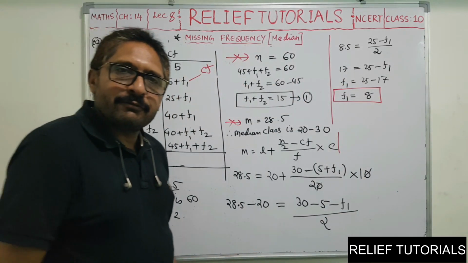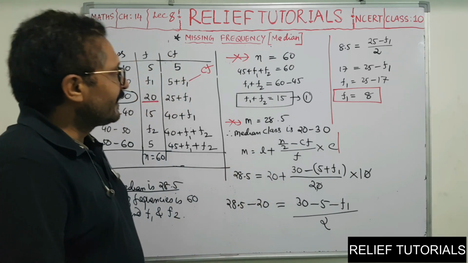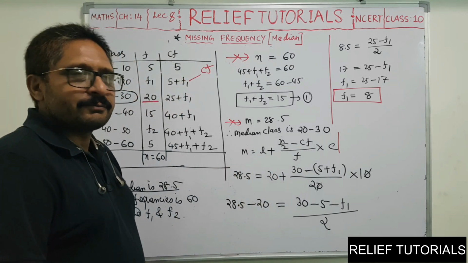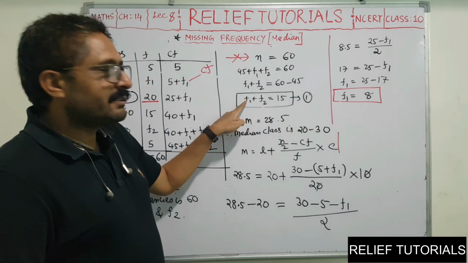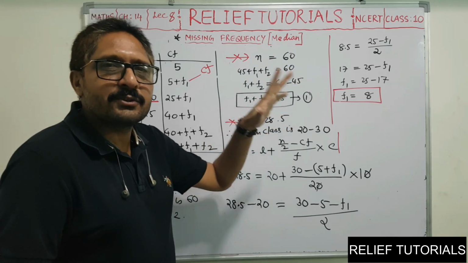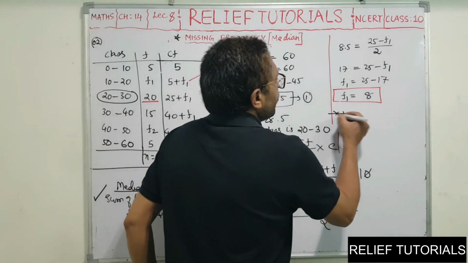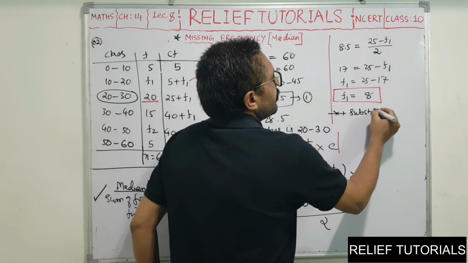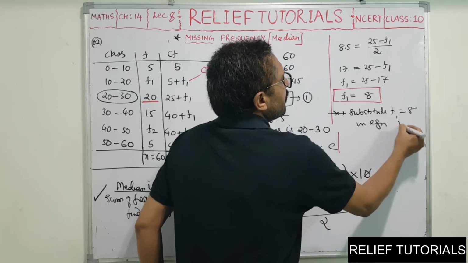You got only one missing frequency. You want to find one more missing frequency, F2. Here we have F1 equal to 8, so naturally this will be 7, because 8 plus 7 is equal to 15. Now substitute F1 equal to 8 in equation 1.